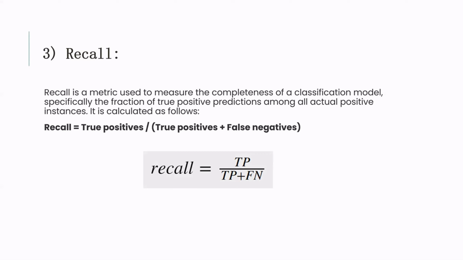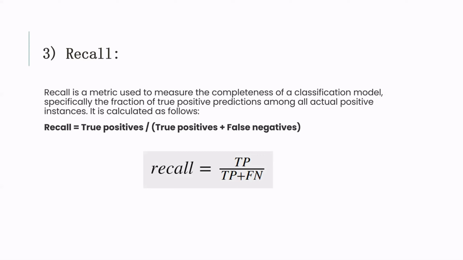It is calculated as follows: recall is equal to true positive upon true positive plus false negatives, that means TP upon TP plus FN, where true positives are the number of correct positive predictions made by the model, and false negatives are the number of actual positive instances that the model failed to predict as positive.